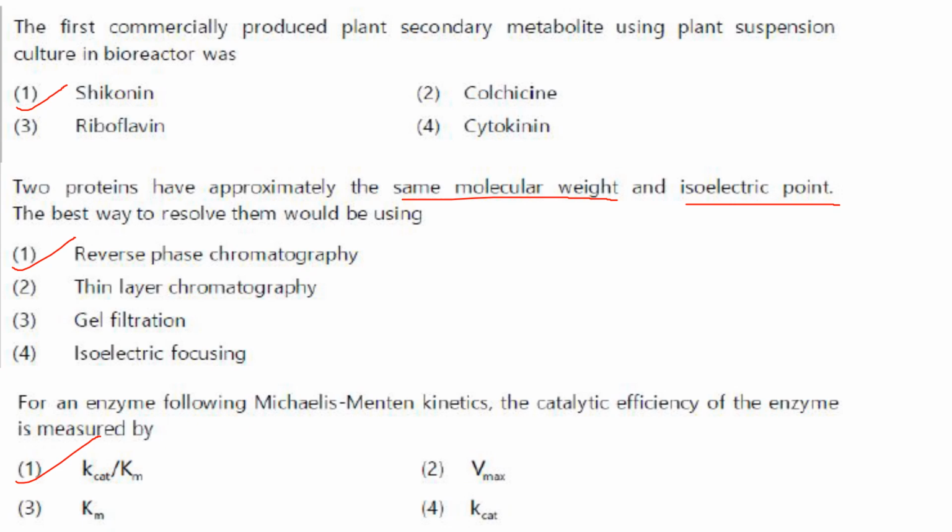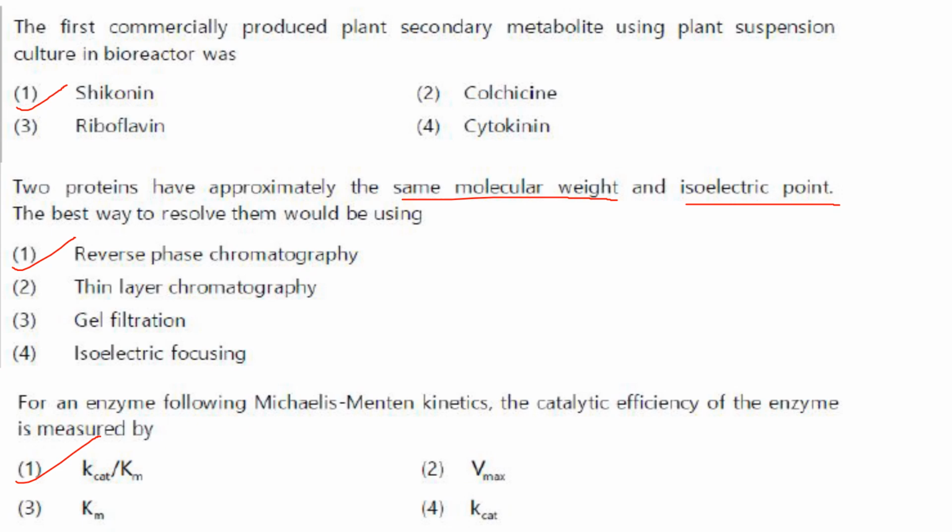Then next one, two proteins have approximately the same molecular weight and the same isoelectric point. The best way to resolve them would be using reverse phase chromatography. Why, I will tell you. See the other options. Gel filtration is based on difference in molecular size of proteins, but here they have the same molecular weight, so gel filtration cannot be used.